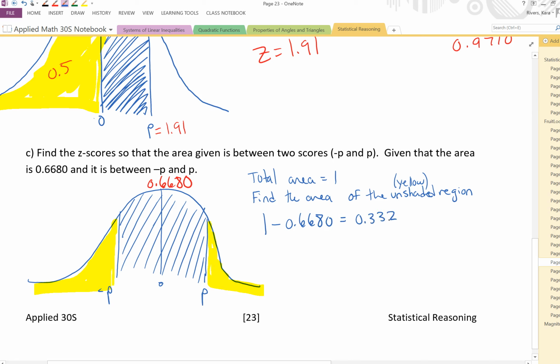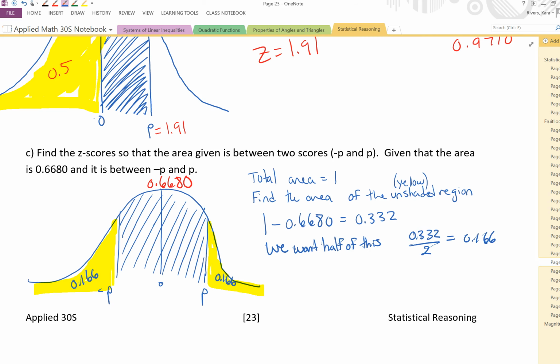And we would get a remainder of 0.332. But what that's saying is that's this area and this area together. But we also know that those two areas are exactly the same. So in order to get just half of this, we would divide it by 2. We would get an answer of 0.166. So that's saying that this is 0.166 and this is 0.166.